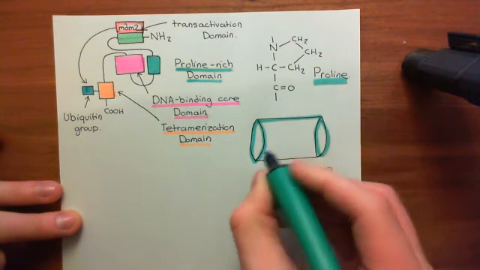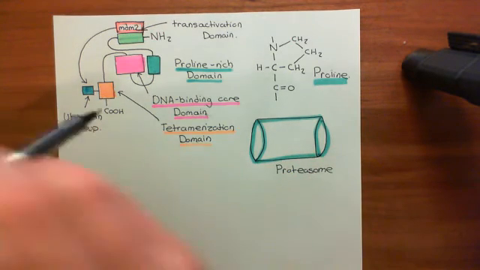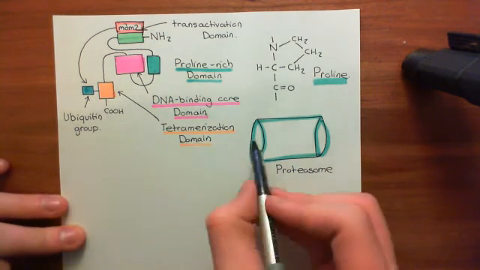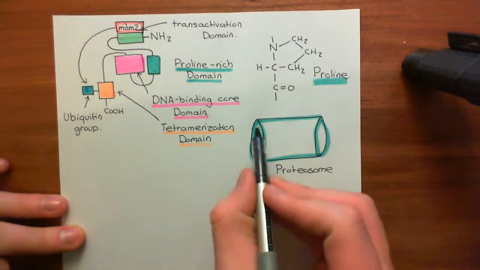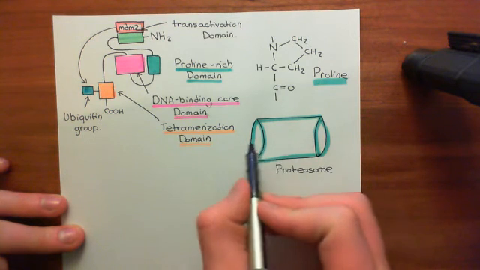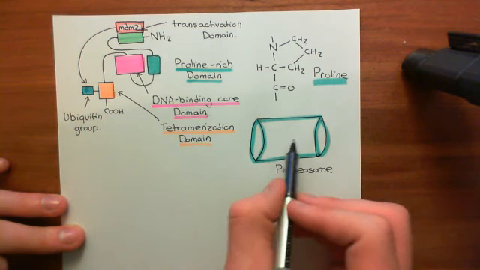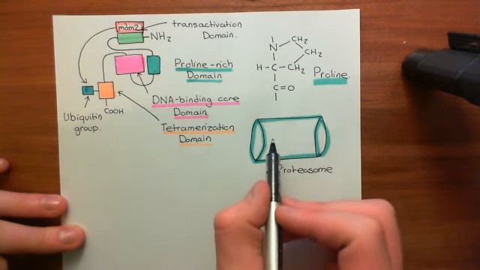Now, how does a protein end up going through this tube? Well, if it gets ubiquitin added onto it, ubiquitin binds to the entrance to the tube, and then the protein will be fed through the tube of the proteasome, and as it's fed through, enzymes in the middle will just chop it into pieces.